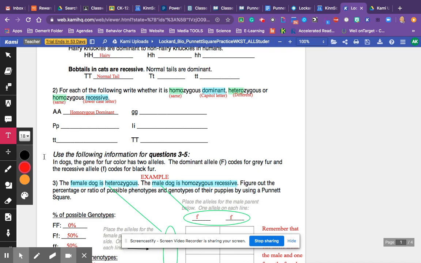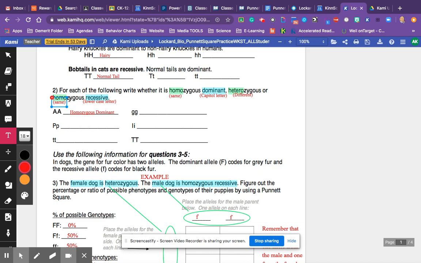Next, it says for each of the following, write whether it is homozygous dominant, heterozygous, or homozygous recessive. The prefix homo means same. So that means the organism you're talking about has two of the same genes. If they are homozygous dominant, that means they have two of the same dominant genes, so two capital letters.